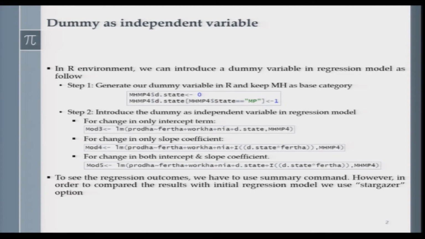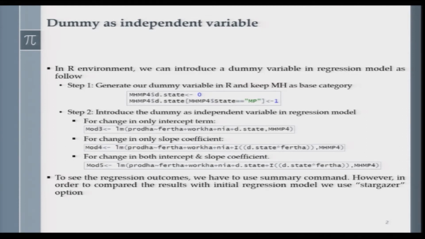Here the dependent variable is PRODHA, that is the monetary value of production per hectare of agricultural land, and there are three inputs: fertilizer use per hectare of land, labor input which is represented by the variable WORKHA, the labor unit used per hectare of land, and NIA, which is net irrigated area.